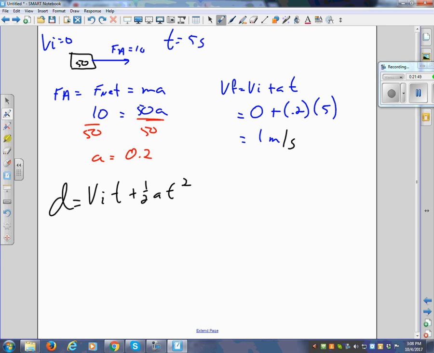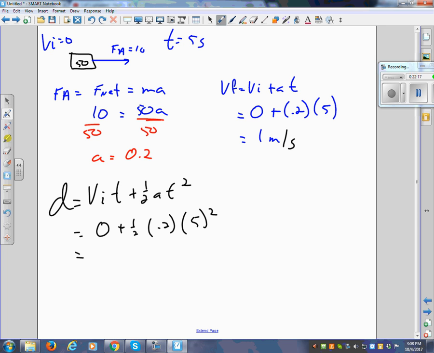And what are we trying to find? Well, it asked me for the position and the velocity. Okay, so I've got the velocity; to find the position I do this one, because the d is out there. That's what I'm trying to find. The vit is just going to be 0. 1/2 our acceleration, 0.2. How much time? 5 seconds. 5 squared.